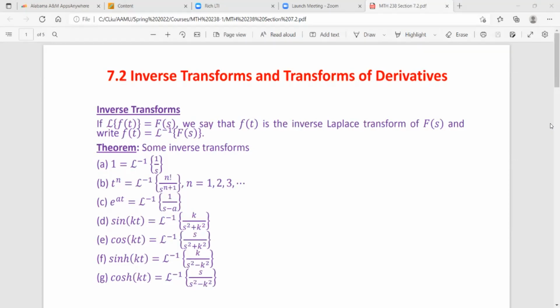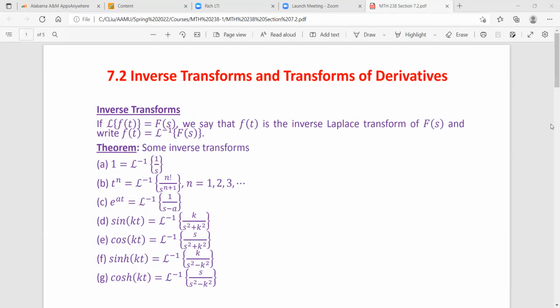First, let's talk about the inverse transforms. Suppose we have a function small f of t, and we take the Laplace transform, we get capital F of s, so it becomes a function of s. So we say that small f of t is the inverse Laplace transform of capital F of s. The capital F is the Laplace transform of small f.